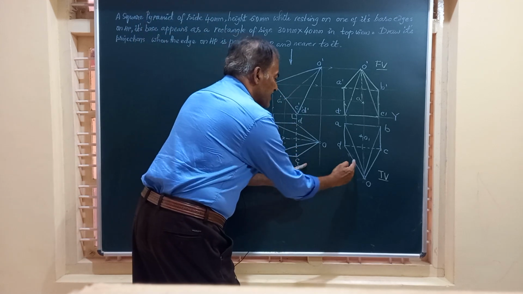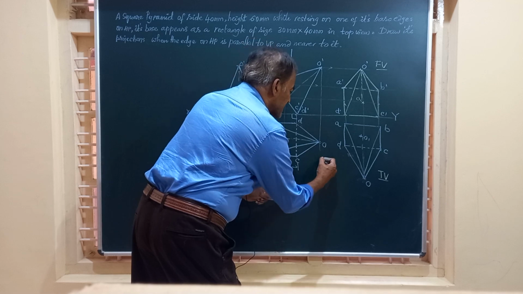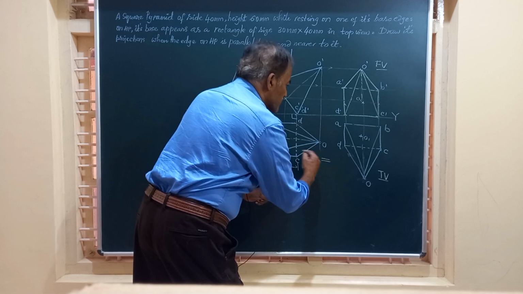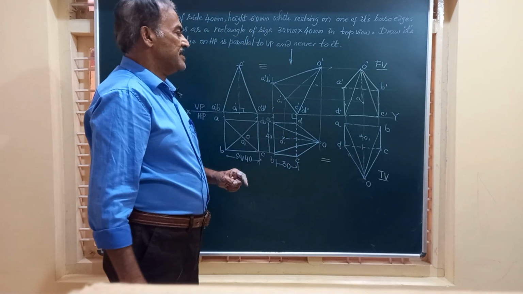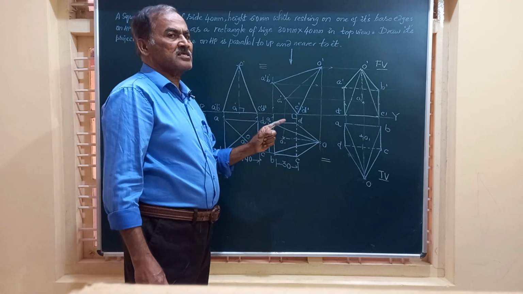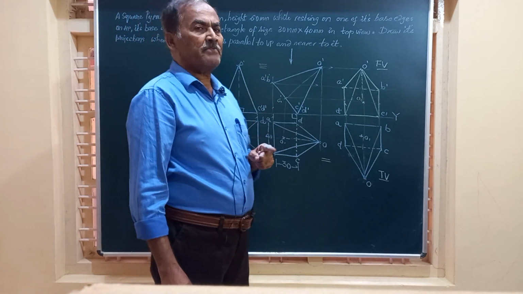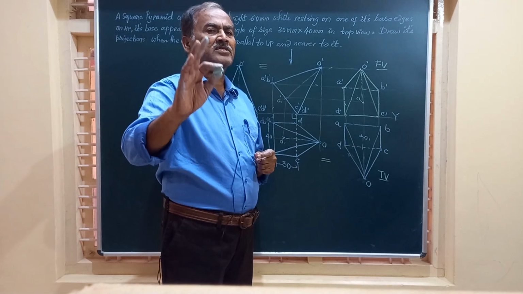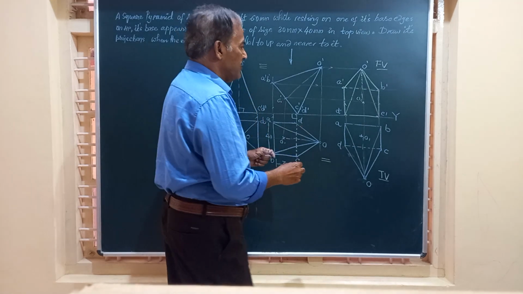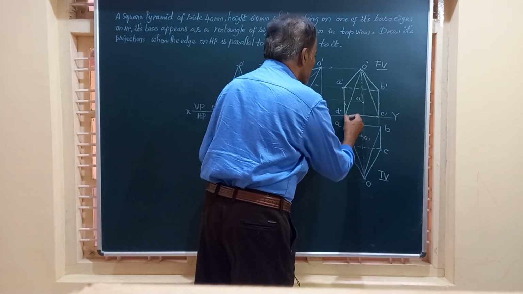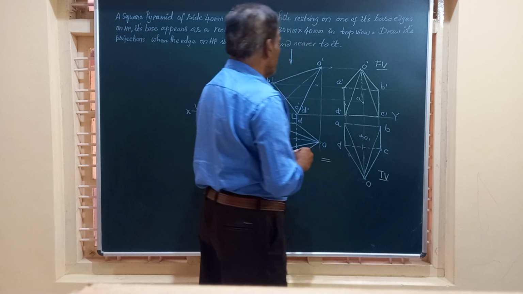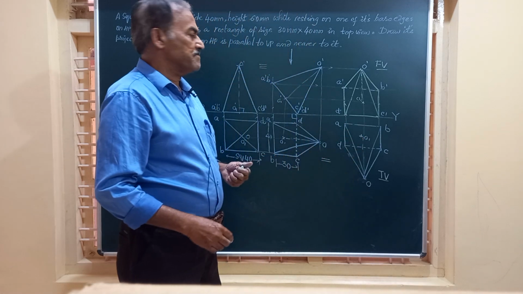Similarly, this figure and this figure are exactly identical. So these two are exactly identical. And this condition I told you is applicable for all the solids and the laminae. So if you remember this concept, you can solve any of these problems very easily.